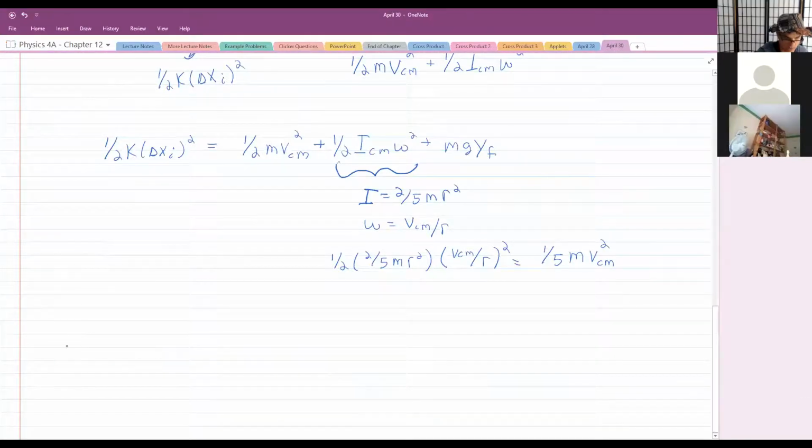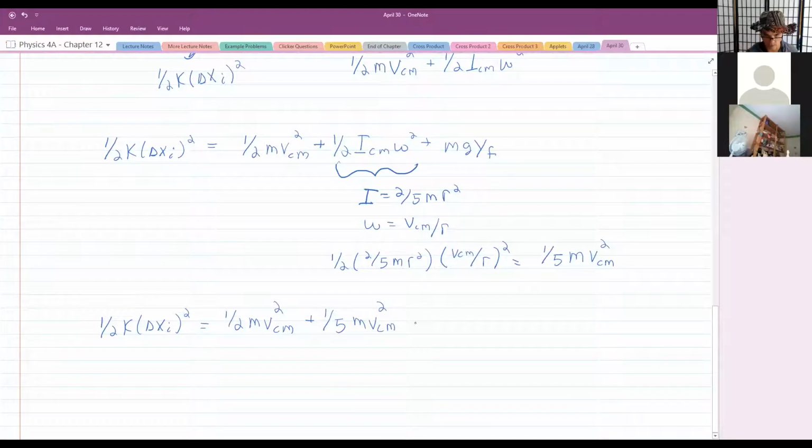So now what I have is 1/2 k times delta x initial squared equals 1/2 m v squared for my translational kinetic energy plus 1/5 m v squared for my rotational kinetic energy plus mg y final.